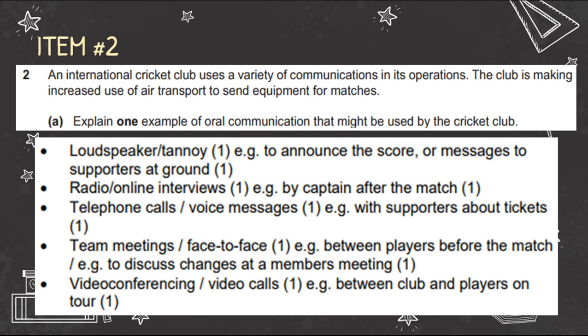And there's also one item aside from loudspeaker, not another term, but there's another word. The word is tannoy. Yeah, Tannoy is a trademark. It's a British trademark for any public address system.